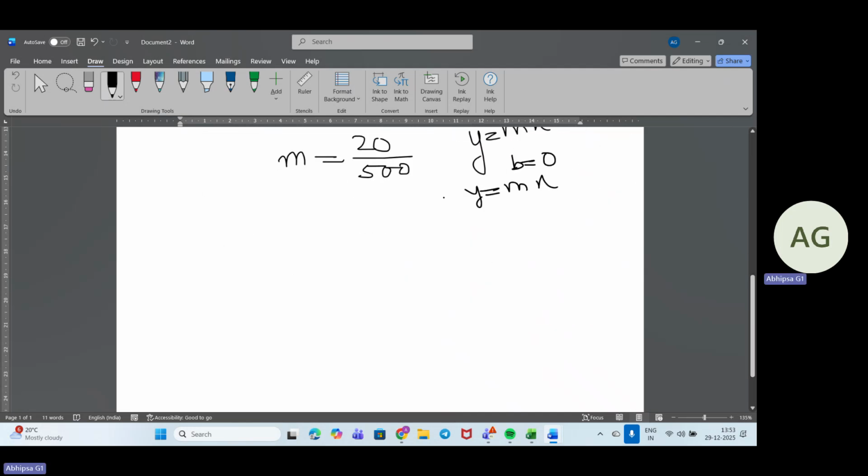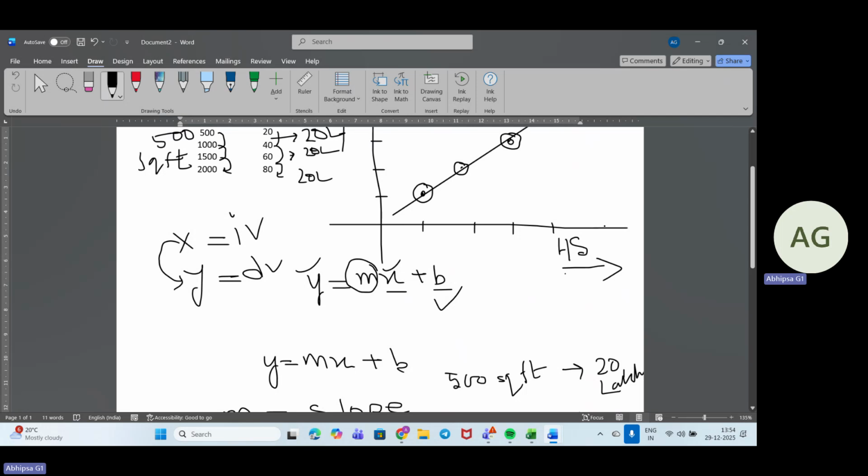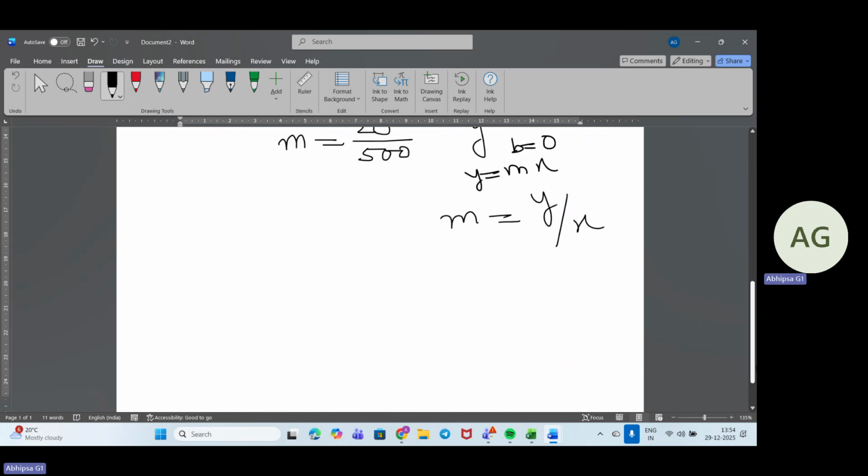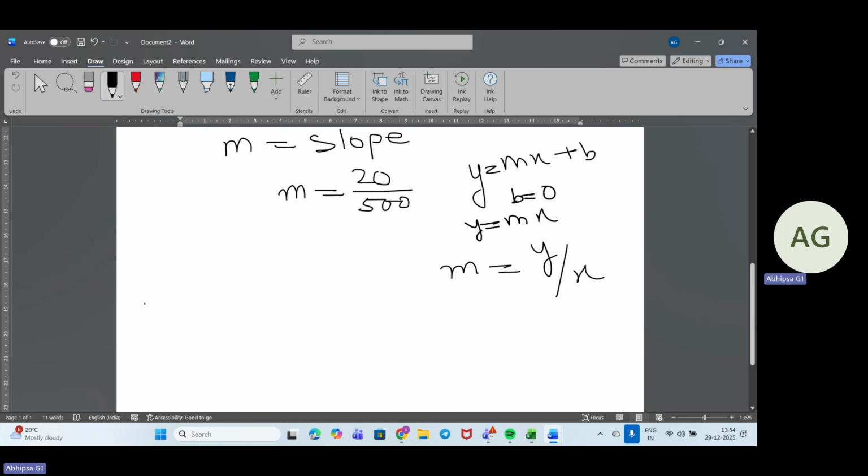Now in that case, if I need to find m, m equals y by x, right? And y here, as we have taken, is the price and x equals the size. So we are taking m equal to 20 by 500, right?